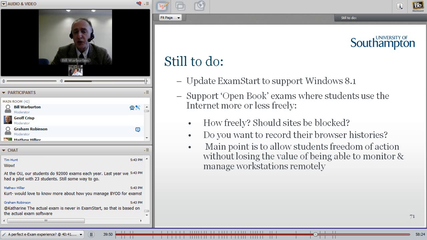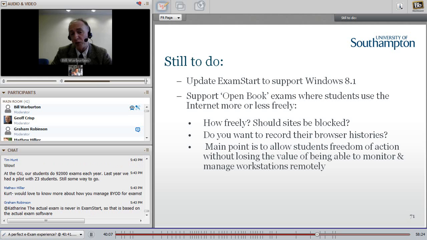If we're going to do that, we want to think really about which sites should be blocked, how freely, how open book the exam should be, whether we want to put limits on that, whether we want to record their browser histories indeed, whether they might actually form part of the assessment process, of course.